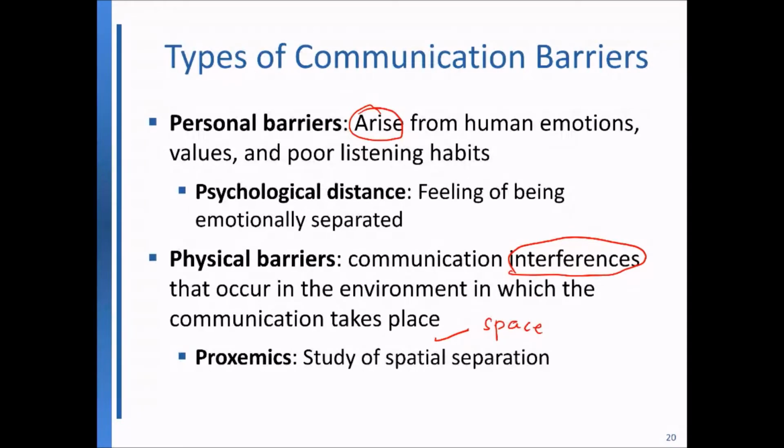Okay, so these are examples of barriers to communication. They prevent the receiver from receiving the exact meaning of the message. It will modify, it will change the meaning of the message. We call that noise or barriers to communication. So what are the sources? It can be personal, it can be physical.